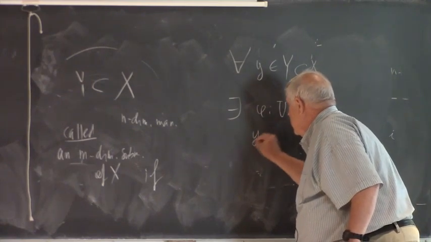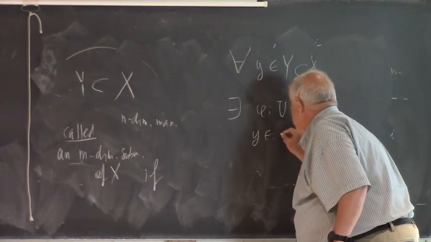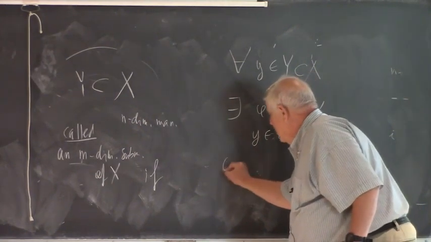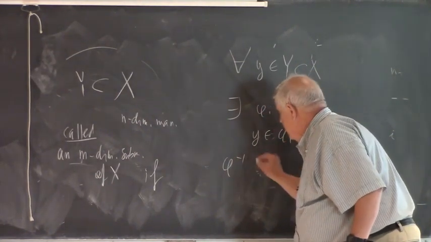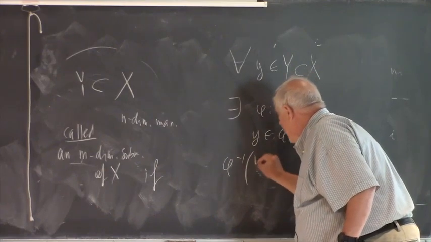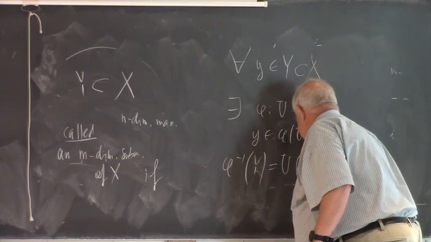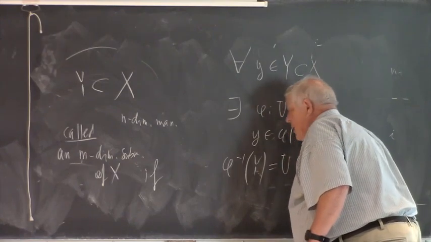which covers y, so that the inverse image of Y is U intersection with R^m.